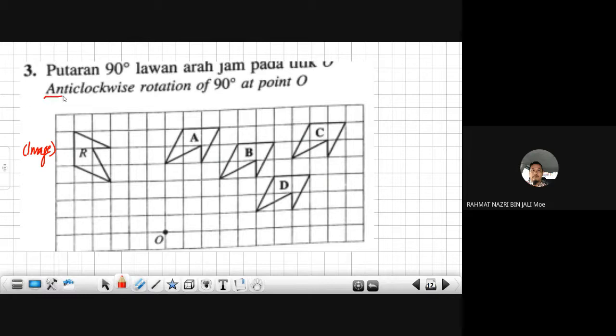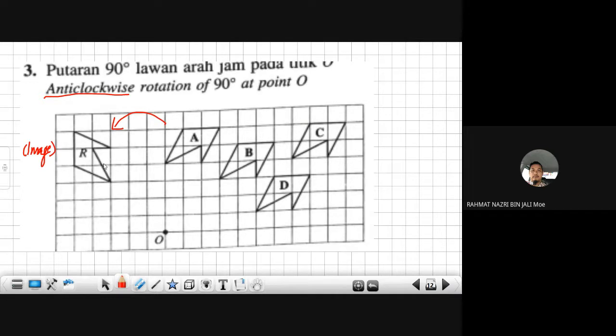This is anti-clockwise. Anti-clockwise means this way. Any object A, B, C, D will rotate anti-clockwise 90 degree. We're gonna get R like this.